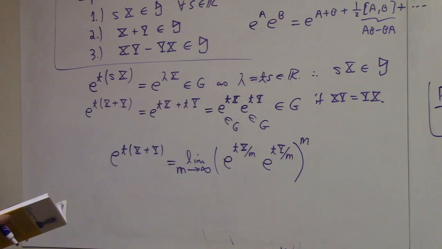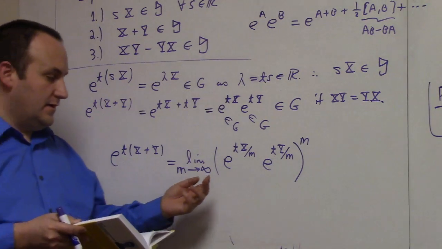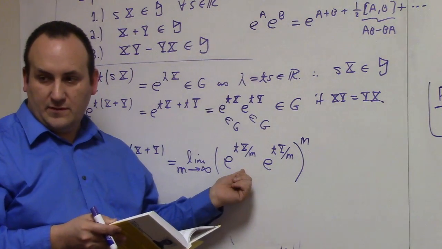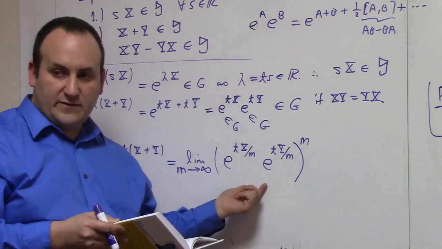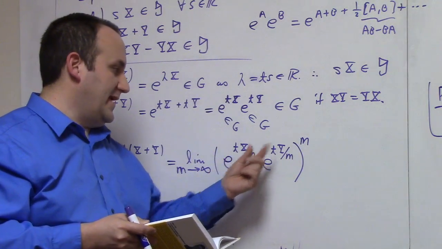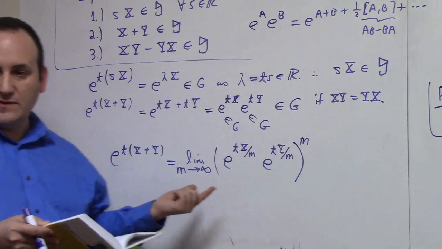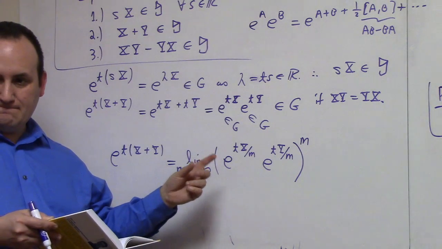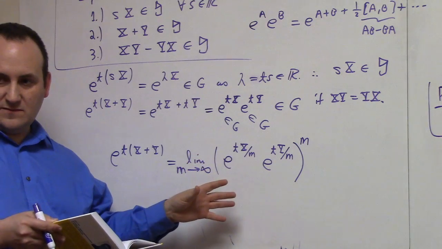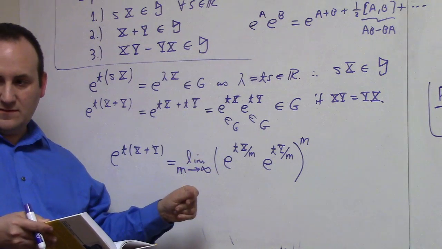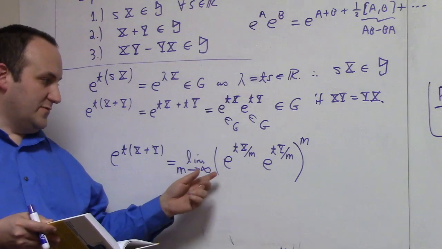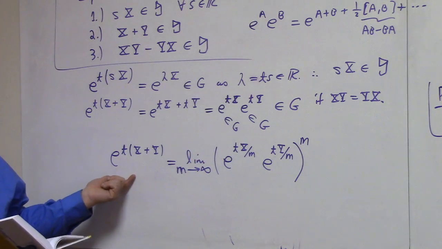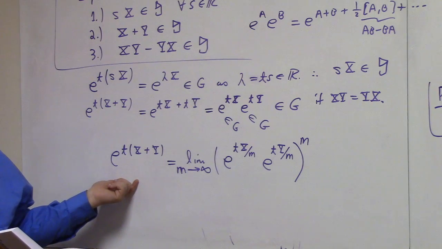All right, where were we? Once you have this, that's in the group, that's in the group, the product's in the group. The nth power of the product is in the group, right? So you've got a sequence. Where does it have to converge to? Either the group or non-invertible matrices. But that's not possible because it's invertible, because it's the exponential of something, so it must converge to something in the group, by the fact that it's a matrix Lie group.